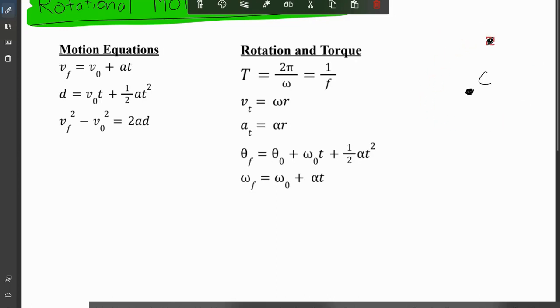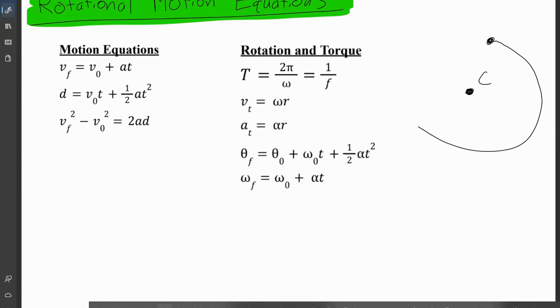As opposed to that, torque and rotation looks at something where the entire thing is rotating.